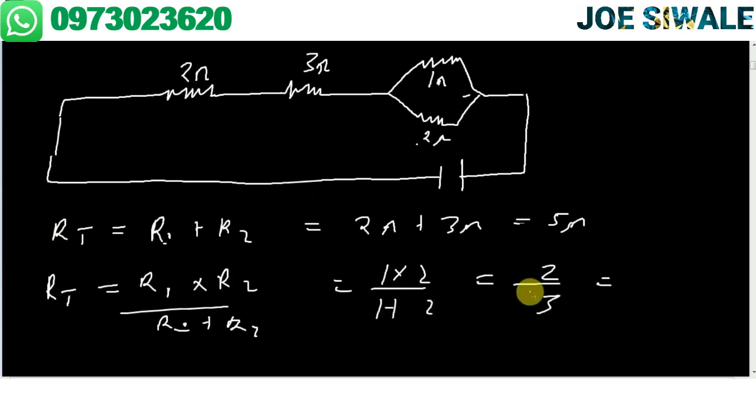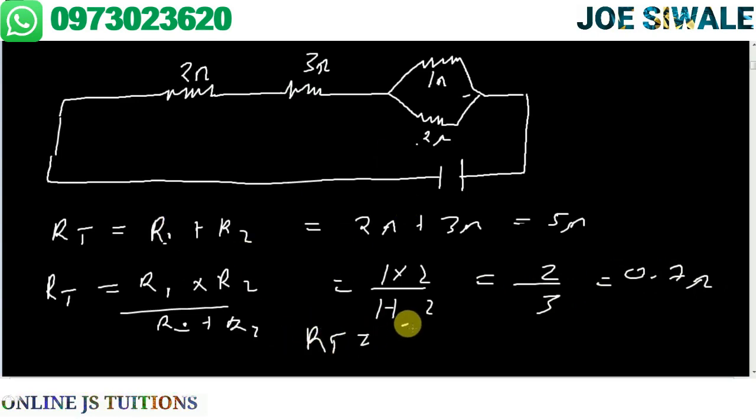And if I use the calculator there, I'm going to have 0.7 ohms if I round off to 1 decimal place. And for me to calculate the total resistance for this circuit, I'll just say 5 ohms that I had calculated at first plus 0.7 ohms.